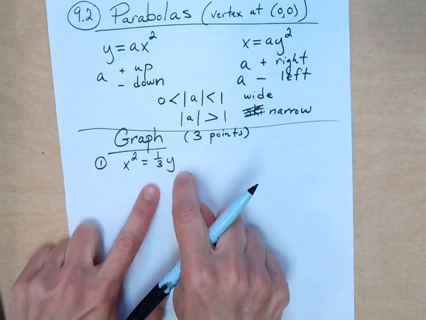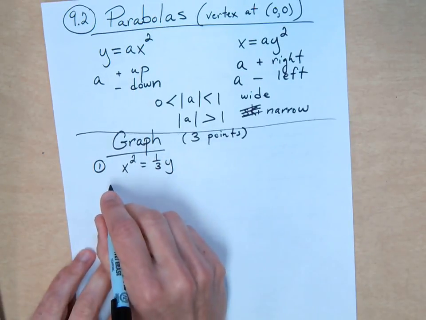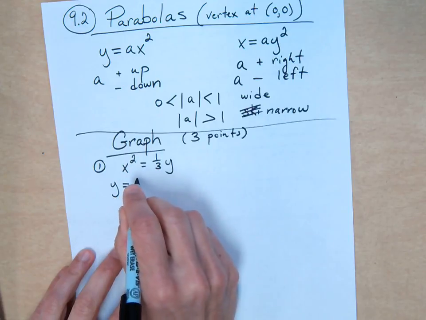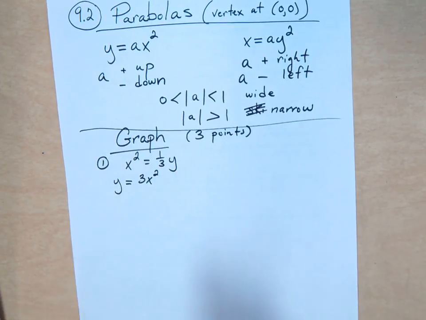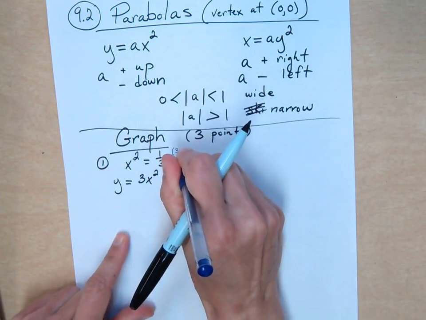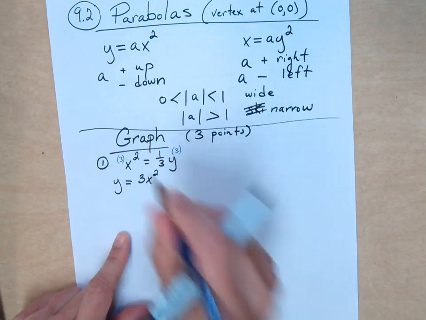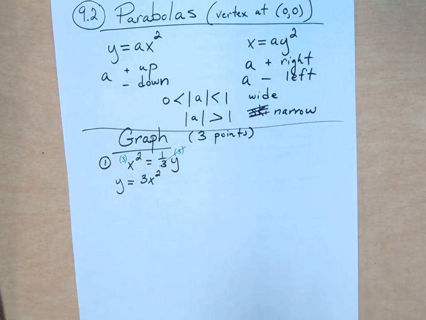Multiply each side by the reciprocal, which is 3/1, and those simplify. That's what I get: y equals 3x squared.